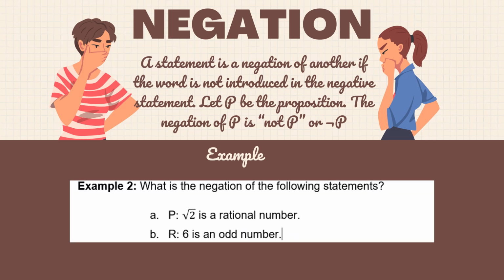Okay, so let's have another example. What is the negation of the following statements? A. Proposition P: square root of 2 is a rational number. So what is the negation of P? Negation of P would be square root of 2 is not a rational number.